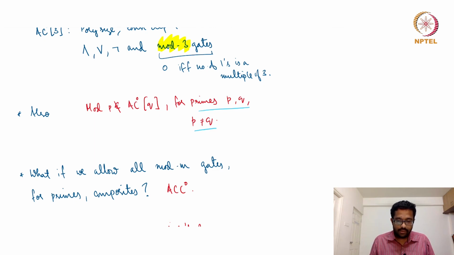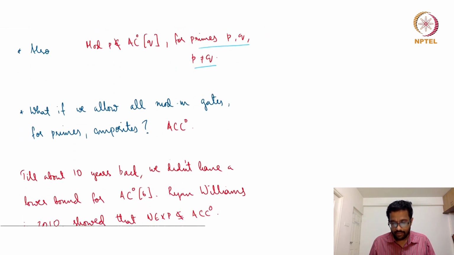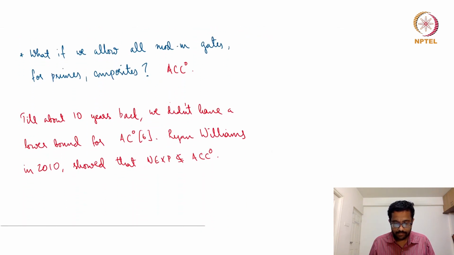So parity and mod P are like small languages, and till about 10 years back we didn't know this, and Ryan Williams showed that there are languages, and it's not in P, NP, exponential time, nothing.